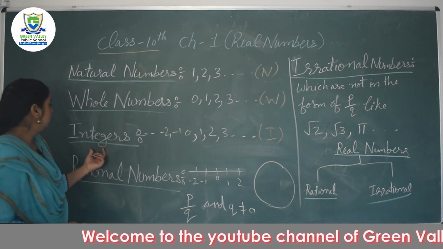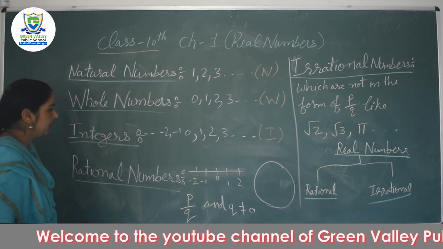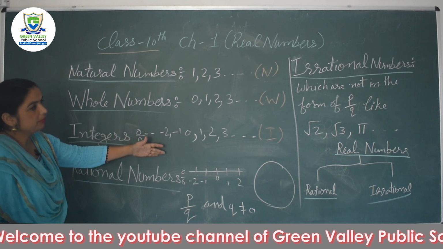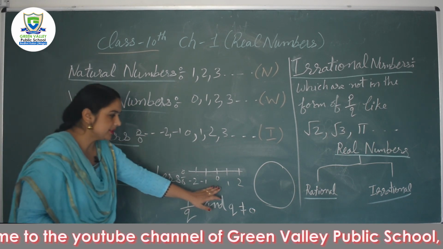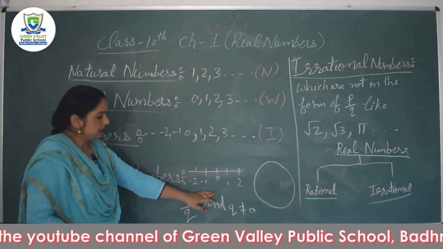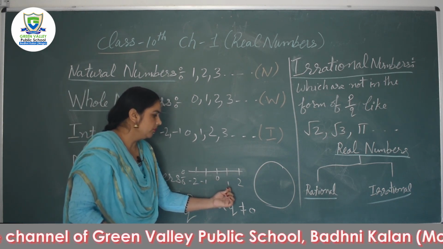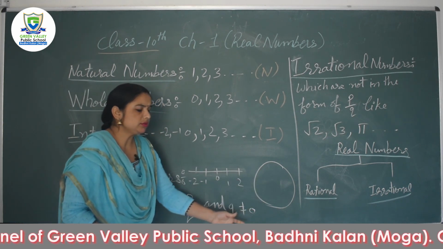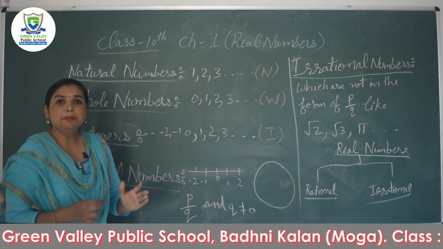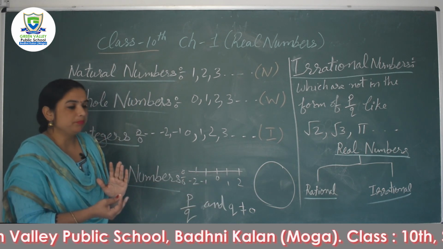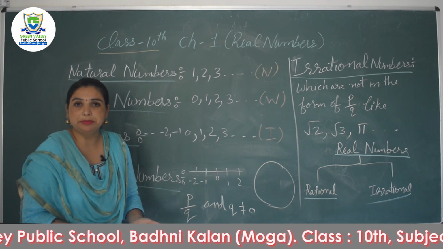Okay. After this, students, all these types of numbers we can represent on the number line, but everyone knows that between 0 to 1, 1 to 2, 2 to 3, there are many numbers also. So which kind of numbers are these?